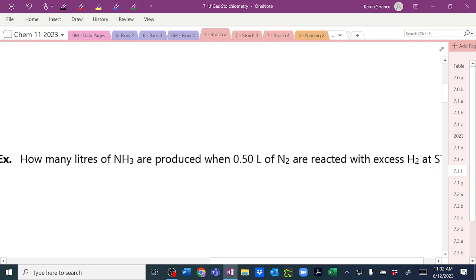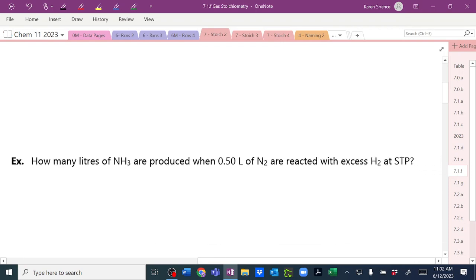How many liters of NH3 are produced when 0.5 liters of N2 are reacted with lots of H2 at STP? And we have our reaction, of course, is N2 plus H2 gives NH3. We've got a 3 and a 2 for our hydrogen, so that's a 2 and a 3. And oh, that's balanced now. Excellent. So let's map this problem.